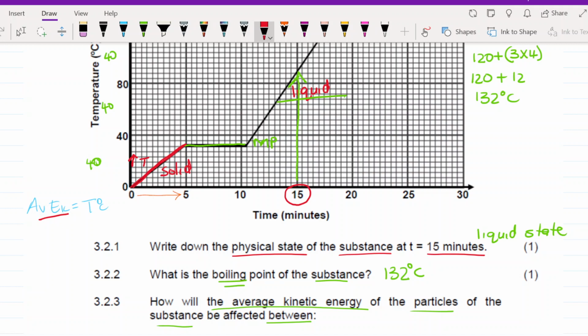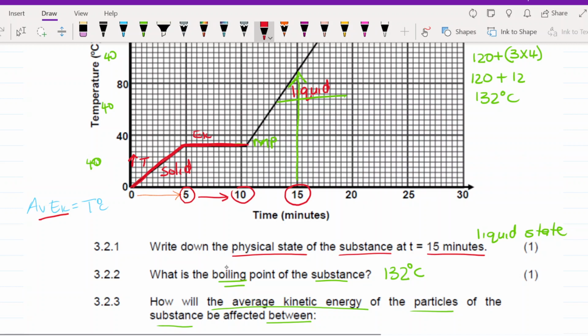But from 5 to 10, the temperature is constant. That means here the average kinetic energy is also constant, or it remains the same.